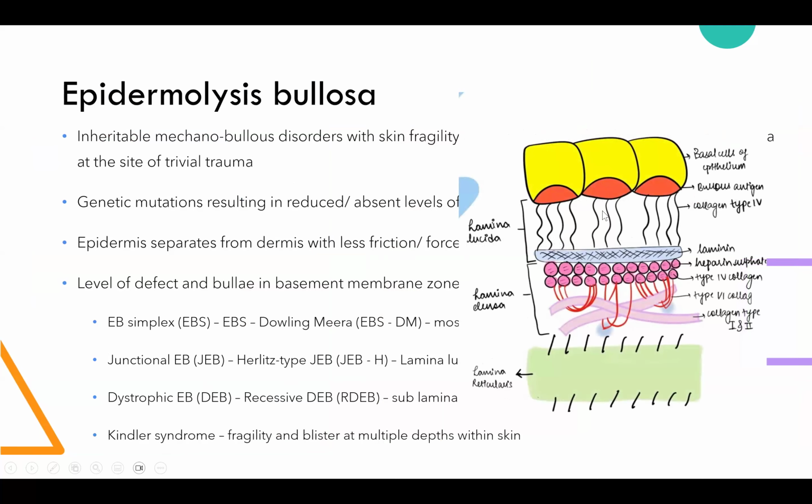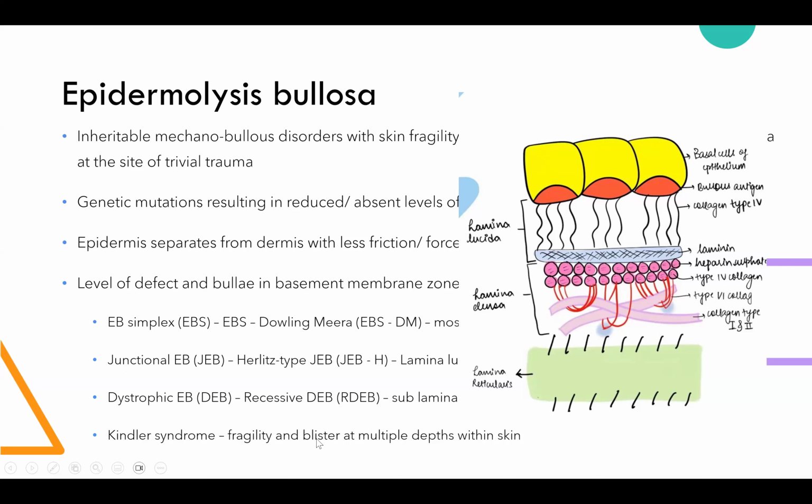This is part of the basement membrane. It typically has 2 parts, the lamina lucida and lamina densa, between the epidermis and dermis. Based on the level of lesion, it can be epidermolysis bullosa simplex, junctional epidermolysis bullosa, or dystrophic epidermolysis bullosa.